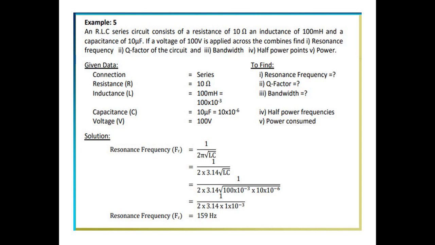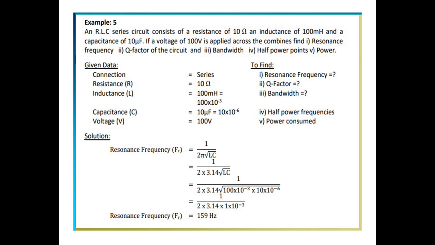Connection series, resistance 10 ohm, inductance 100 into 10 to the power of minus 3 henry, capacitance 10 into 10 to the power of minus 6 farad, voltage 100 volt. To find the resonance frequency, Q factor, bandwidth, half power frequency, and power consumed.